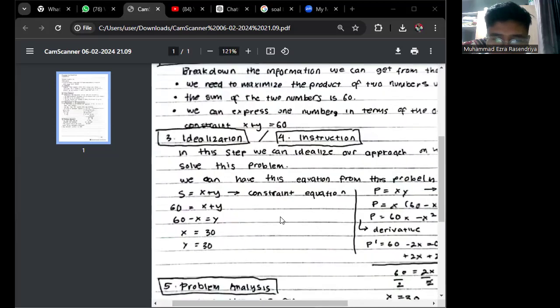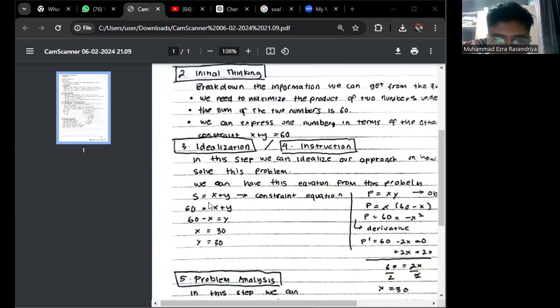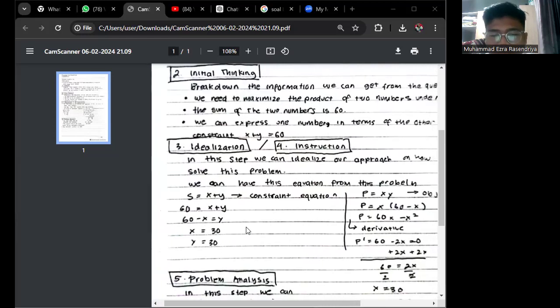First, we have the constraint function, where S stands for sum. The sum is 60 equals x plus y, and then we can move the x to the other side, where we can get 60 minus x equals y.